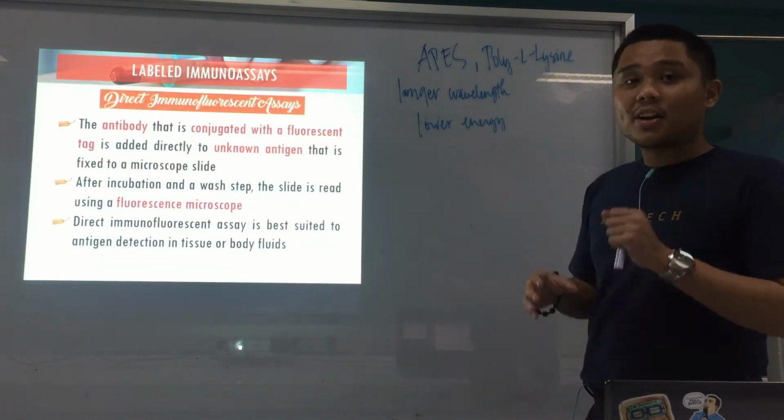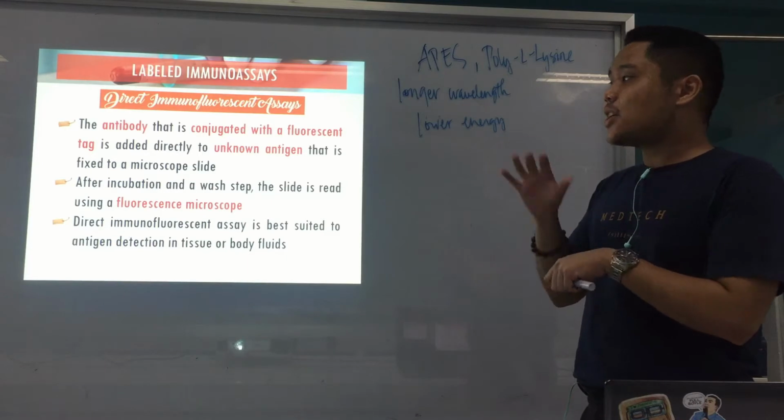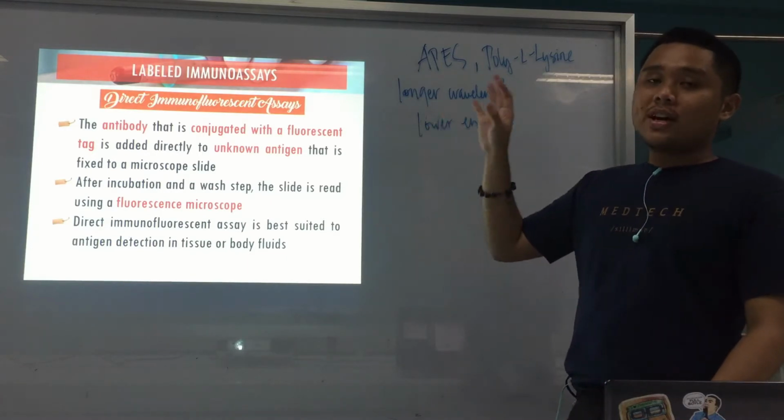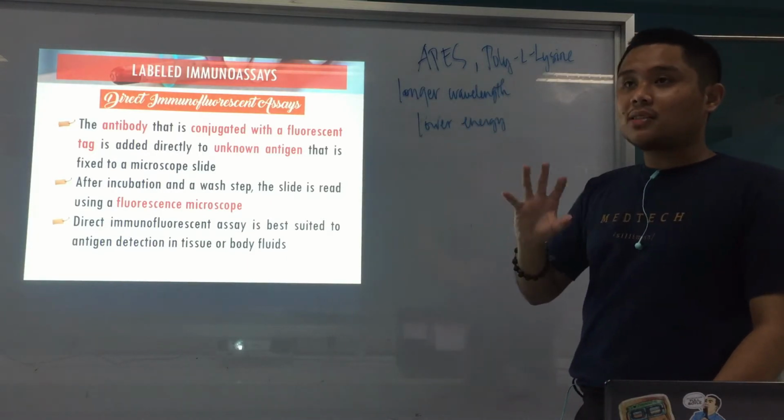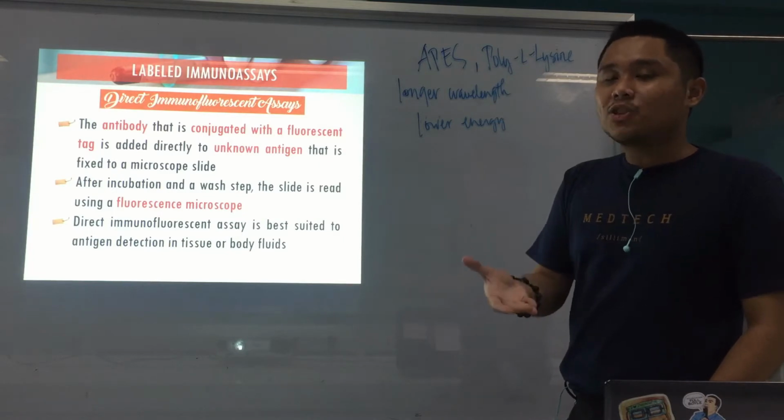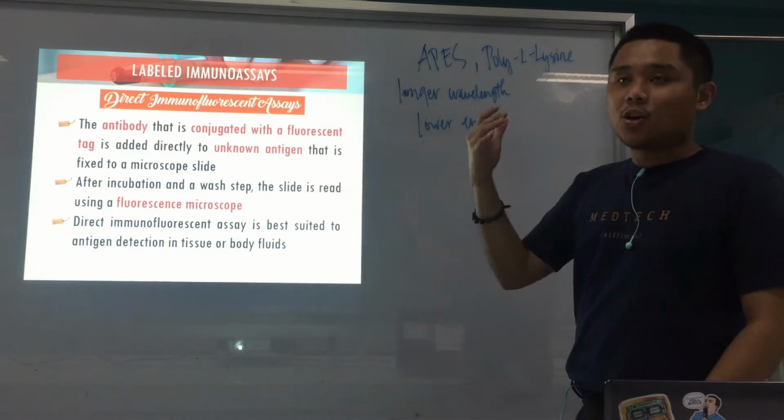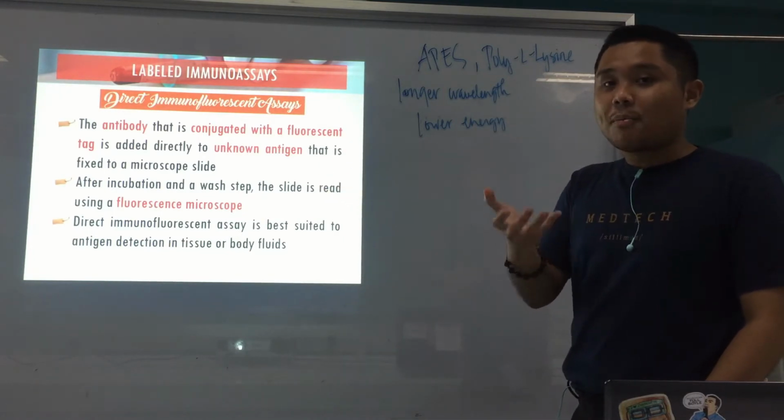You have first the direct immunofluorescent assays. For direct immunofluorescent assays, always take note that the antigen is on the solid phase. Your unknown antigen is fixed on the microscope slide.